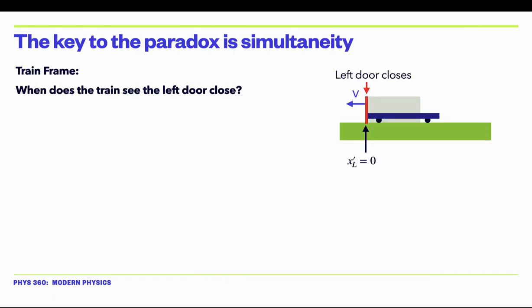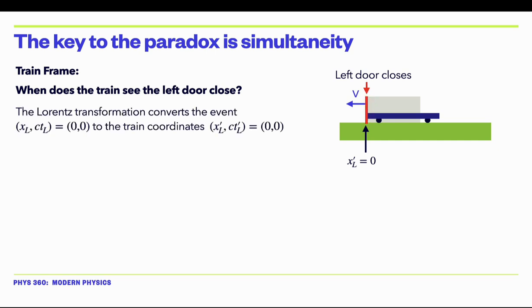All right, so let's do a couple calculations. The question is now, when does the train see the doors close to try to trap it in there? So we're now switching to the train's frame of reference. And the question is, from the O prime frame, when do we see the left door close?